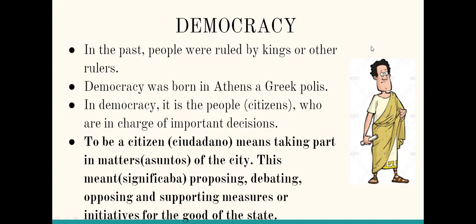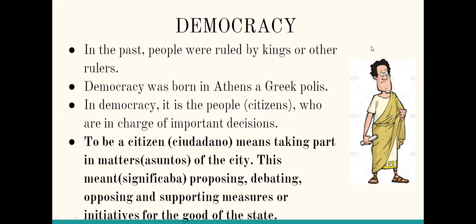So, in a country with democracy, people have an opinion. People can express this opinion freely, libremente. And also people can participate in important decisions like, for example, elect a president or a ruler.